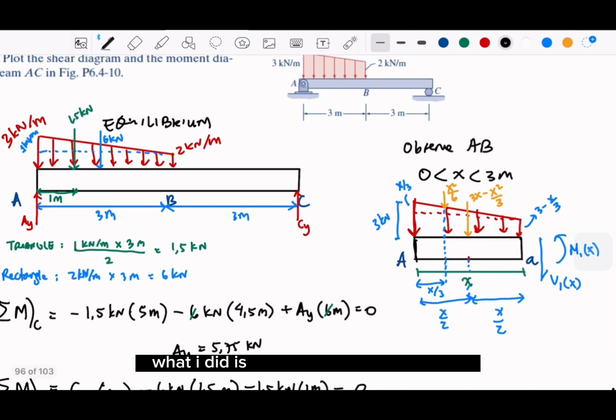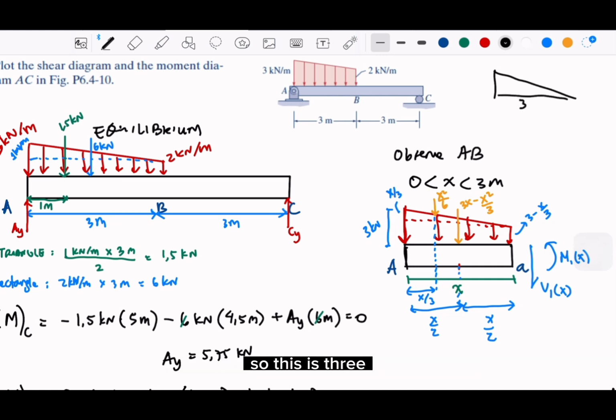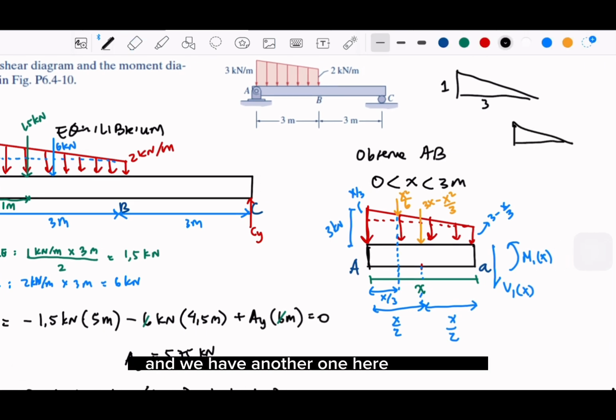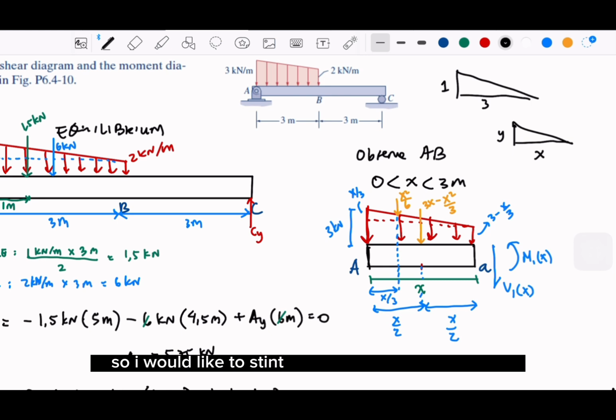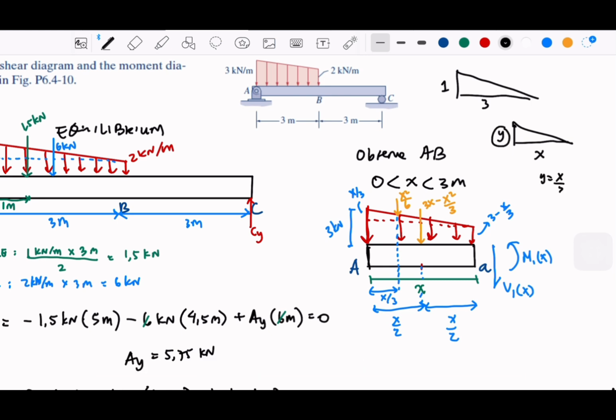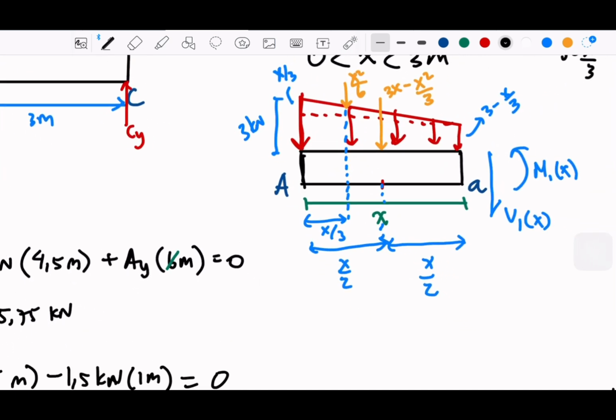So basically what I did is just to take the ratio of this. So this is 3, sorry, this is 1, and we have another one here which is x, and this is, let's say, y. Okay. So I would like to say that this y is equal to x over 3. Okay.